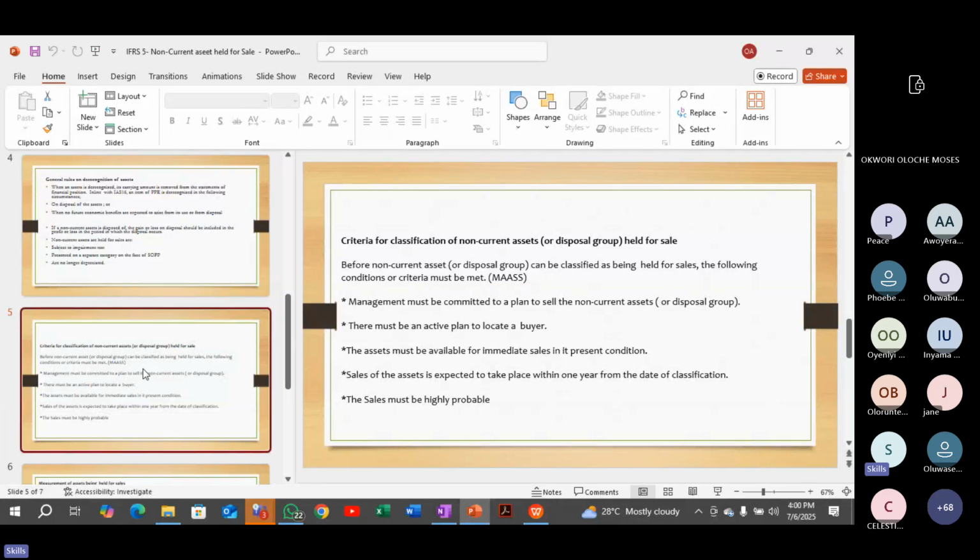You can't tell me this thing is not available, you don't have it on ground. That is why you will always see things in different perspectives. As an accountant, you will see this thing and say, okay, I no longer want to use this, so definitely I need to categorize it to something else.